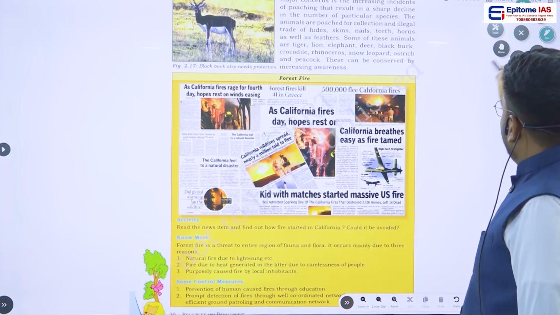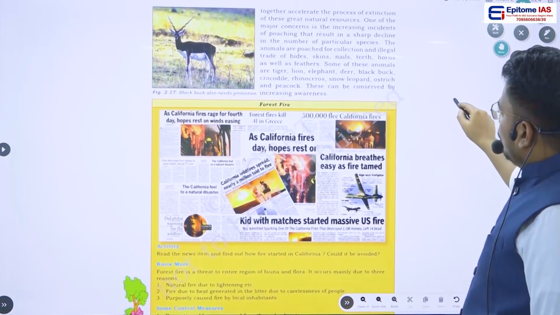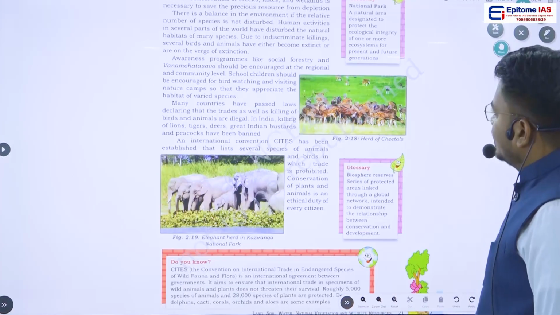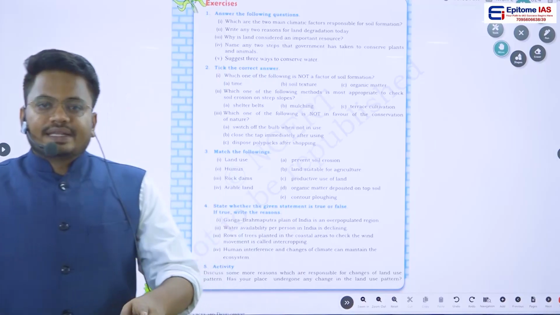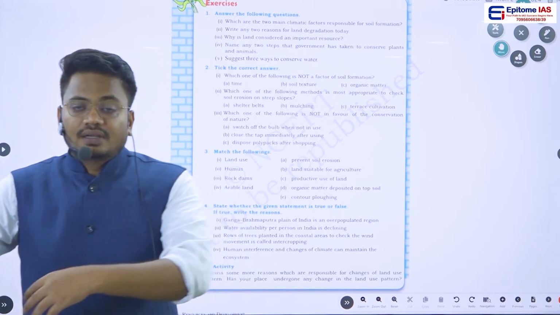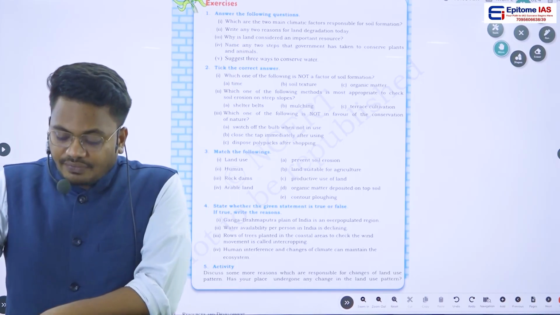Now what should we do? We should follow techniques which conserve the natural vegetation and wildlife resources.